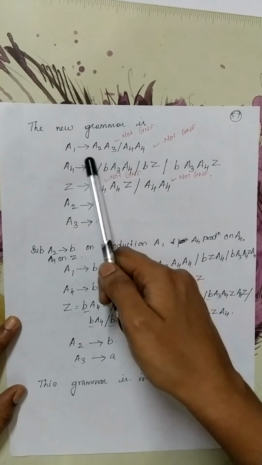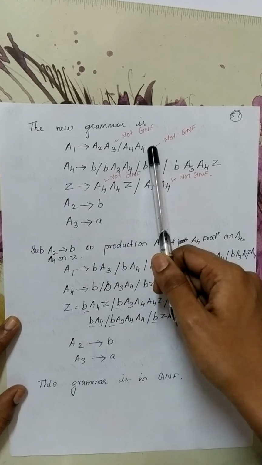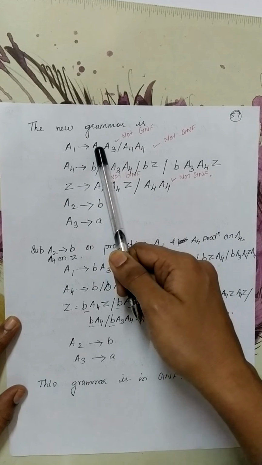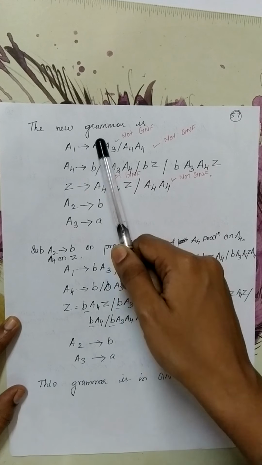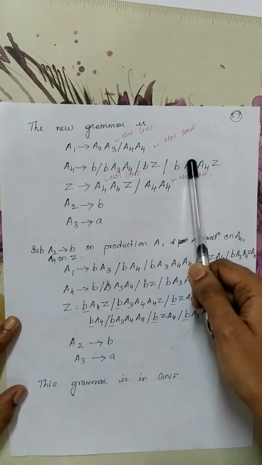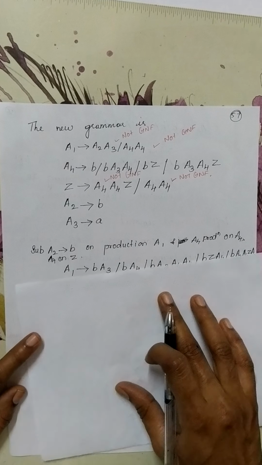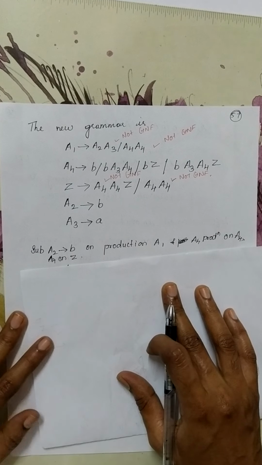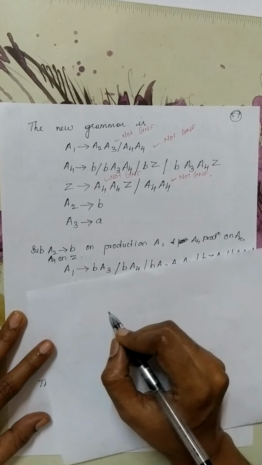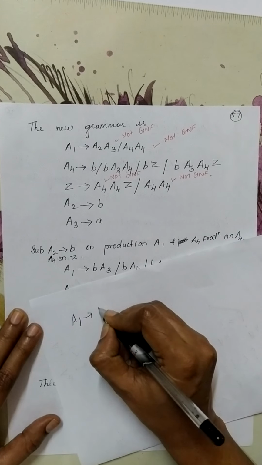In this way we are going to substitute it. You can see here A1 gives A2, A3 or A4, A4. So in the place of this A2 we are going to write this B, and instead of this A4 we are going to substitute the value of the A4 productions. So first, A1 gives A2, A3.